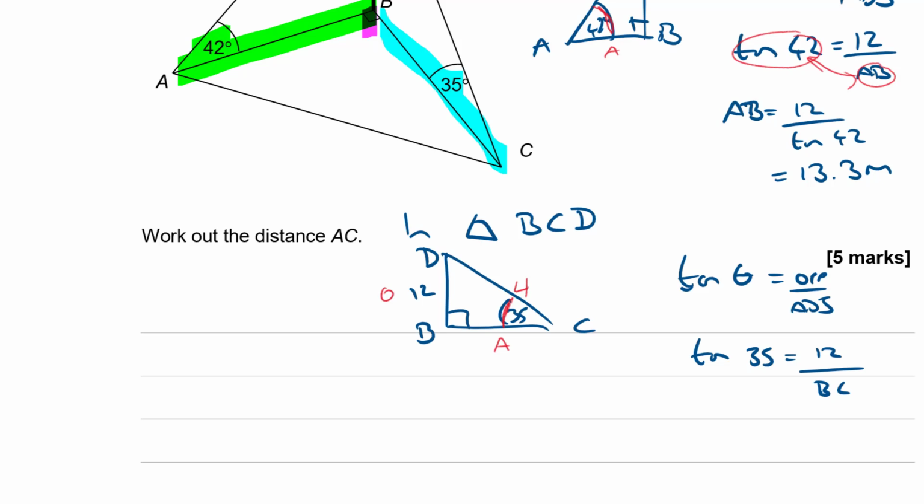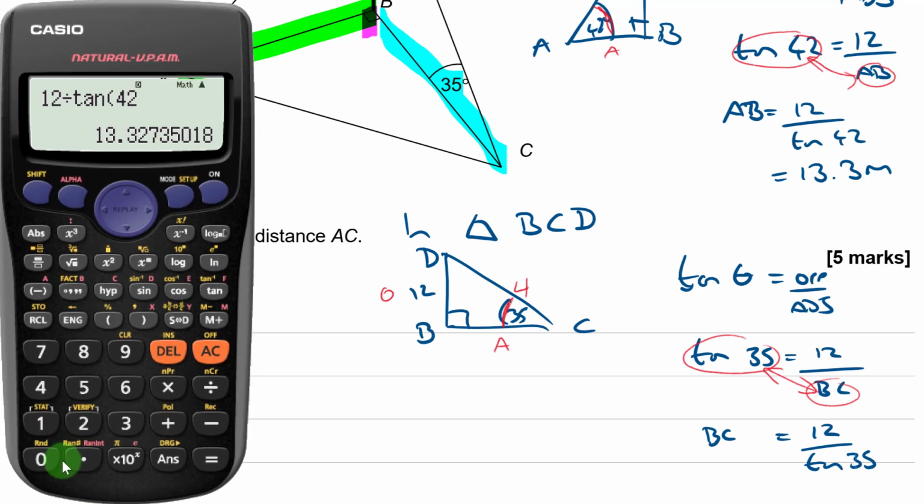Okay, so then working out BC, same way as before, switching these two around, I can say that BC is equal to 12 over tan 35, which is what? 12 divided by tan 35, that makes 17.1.